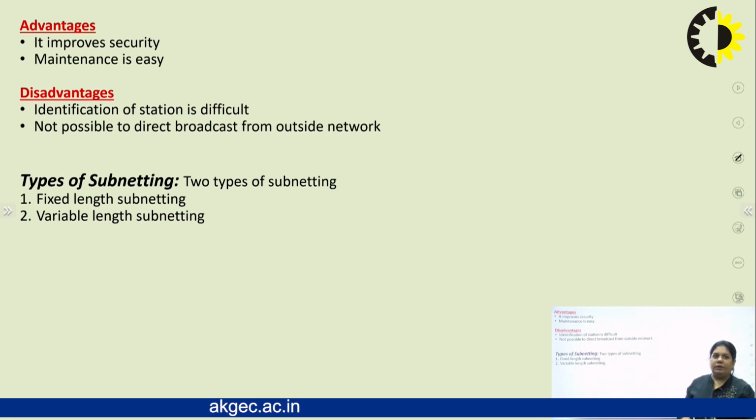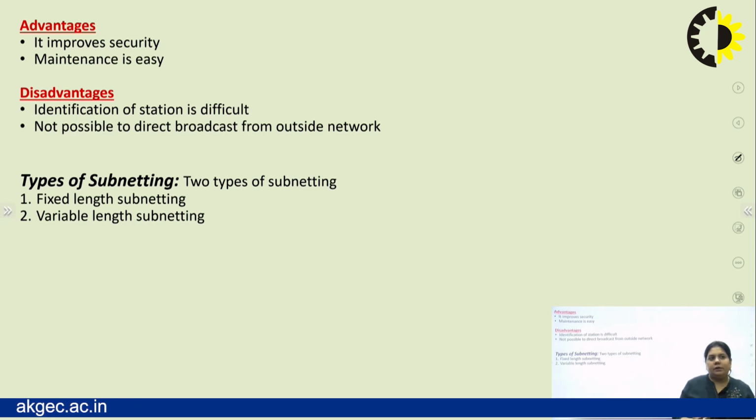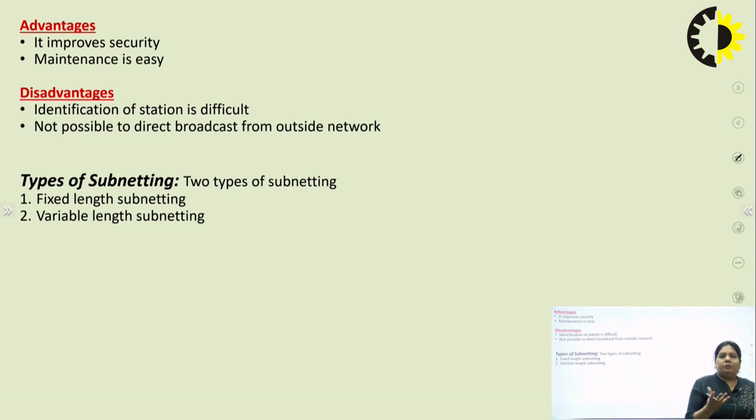What are the disadvantages? One disadvantage is that identification of a station is difficult. How is the identification of a station difficult? Suppose you want to deliver a gift to one of your family members, sent by your father. You approach that house and find that the family member is not reachable, because the house has different parts.